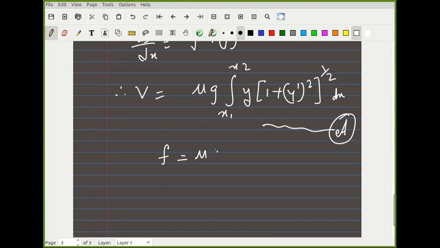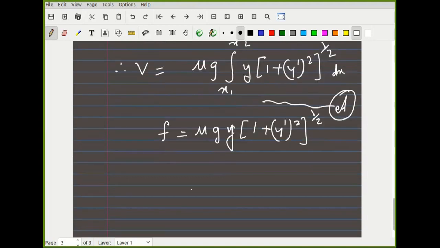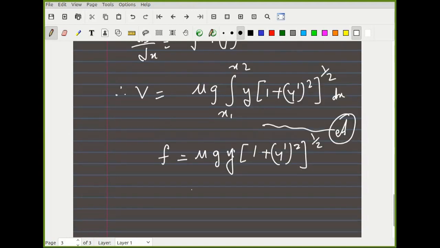mu g y, because it doesn't matter whether mu g is inside the integrand. We took it out because those are constant terms. But overall, we have the right hand side representing the potential energy, involving the variables y and y dash. So explicitly we don't have any x term, and therefore there is a theory which I alluded to earlier.